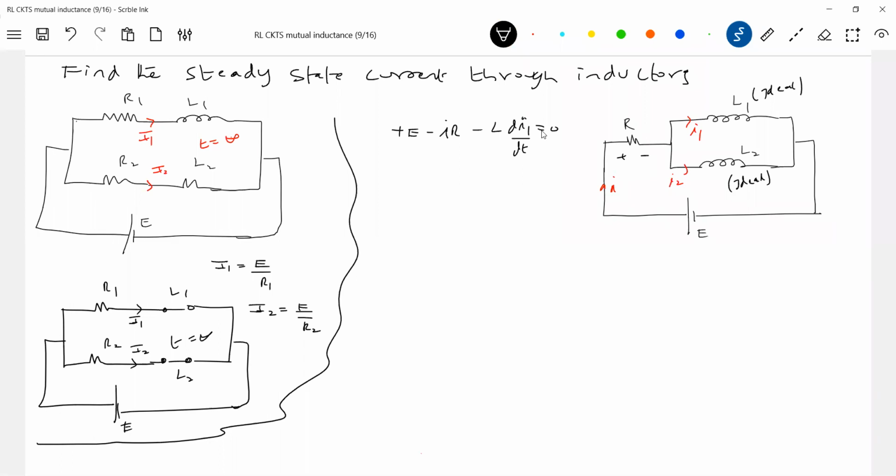Across the second inductor, plus E minus IR minus L2 di2 by dt. Equating these two, I end up with L1 di1 by dt equal to L2 di2 by dt. The dt cancels out. L1 di1 is equal to L2 di2.